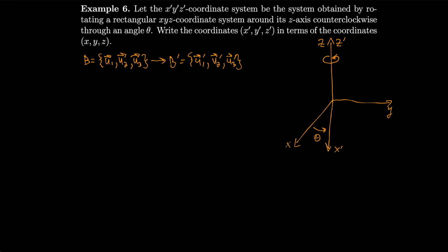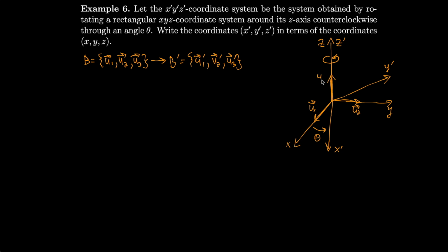Similarly for y, it'll move, let's say, over here. That'll be y'. So let's see if I can put on, here's u1. And then on y, I need u2. And then on z, I need u3.